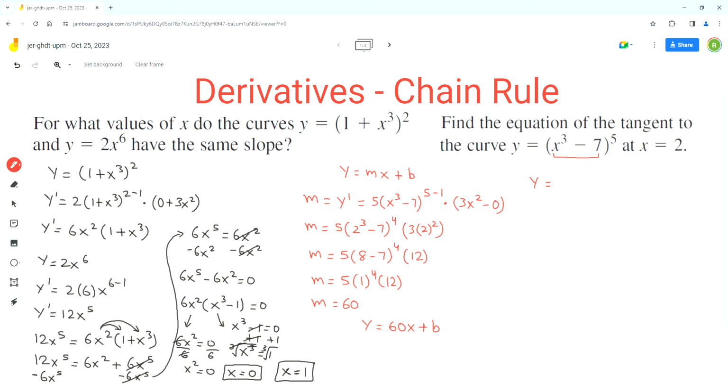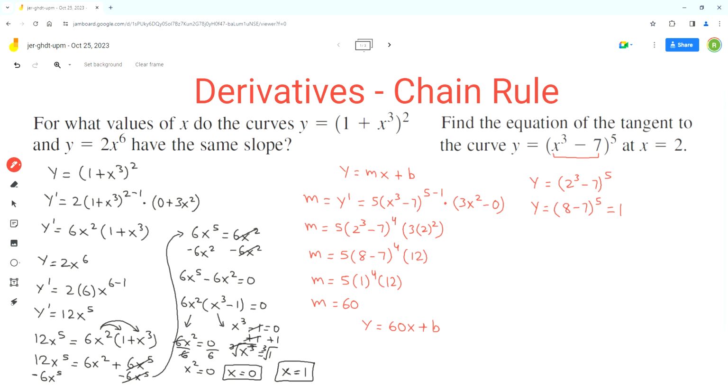So we get y equals (2 cubed minus 7) exponent 5, which can be simplified to, so 2 cubed is 8, so (8 minus 7) exponent 5, which is equal to just 1, because 8 minus 7 is 1 and 1 exponent 5 is just 1.